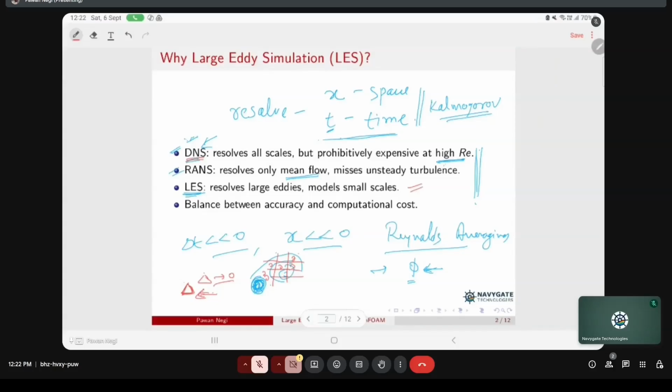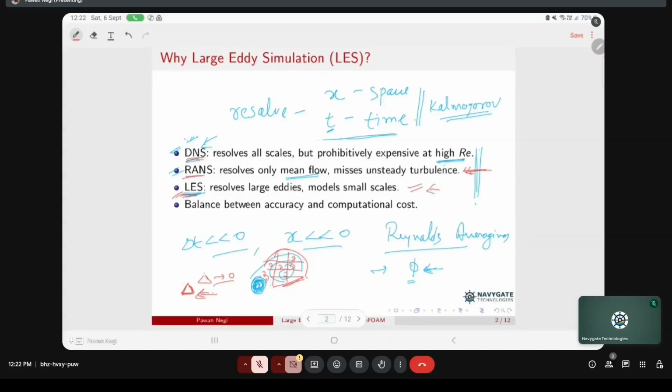Near the wall, there are methods which are a blending between the Reynolds averaged method and the large eddy simulations, which we are also going to discuss in this particular series. First of all, in order to find out what particular resolution I require to perform large eddy simulations, the number of cells required for Reynolds averaged simulations is very low, because it only resolves the mean flow, compared to this, even in free space.